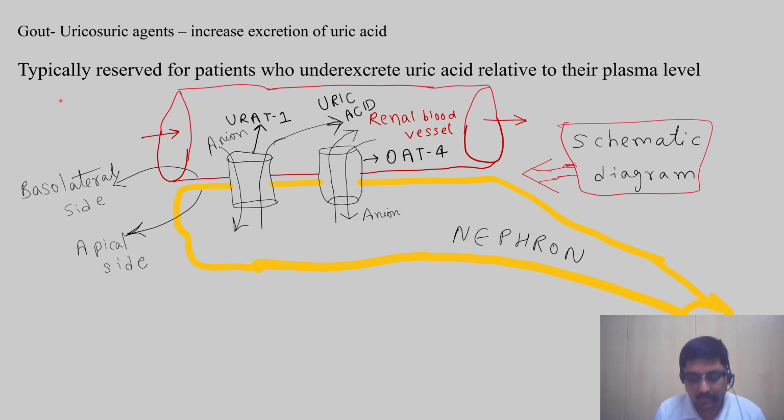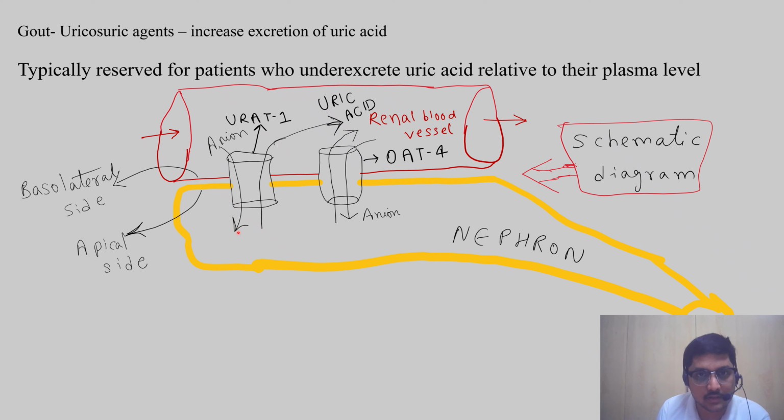There are many transporters. Among these transporters, two transporter names we should remember here. The first transporter name we should remember is URAT1, uric acid transporter 1. The other is OAT4, organic anion transporter 4. What is the purpose of these transporters?